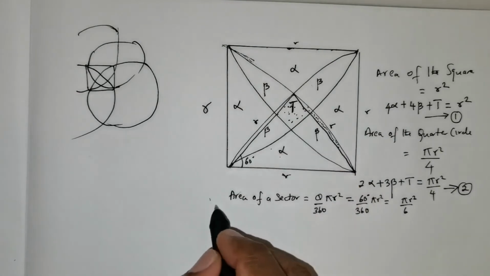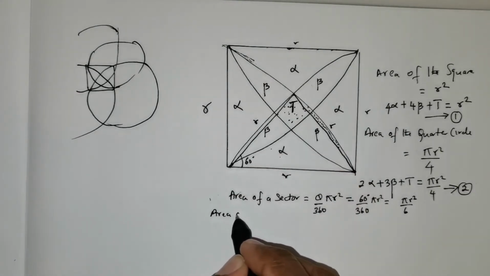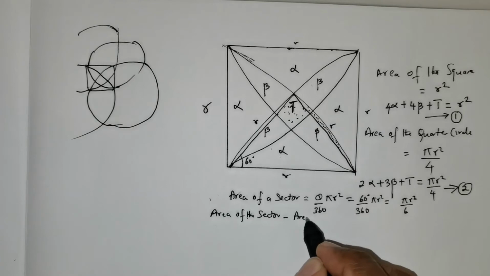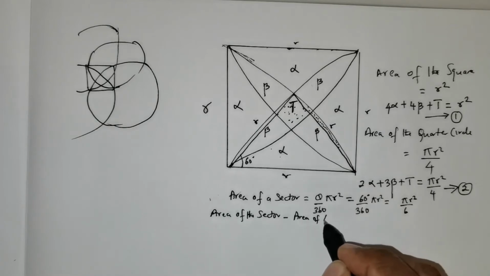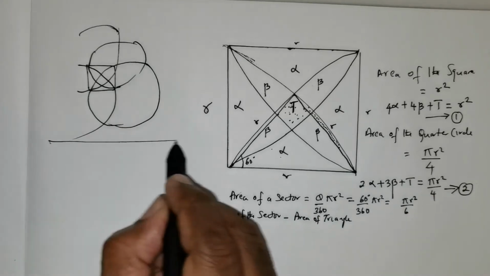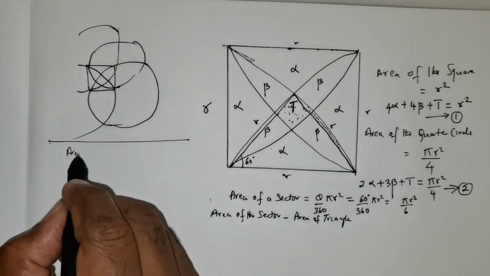So that could be got by subtracting from the area of the sector the area of the equilateral triangle. Now we know the area of the equilateral triangle. Let me use a space.